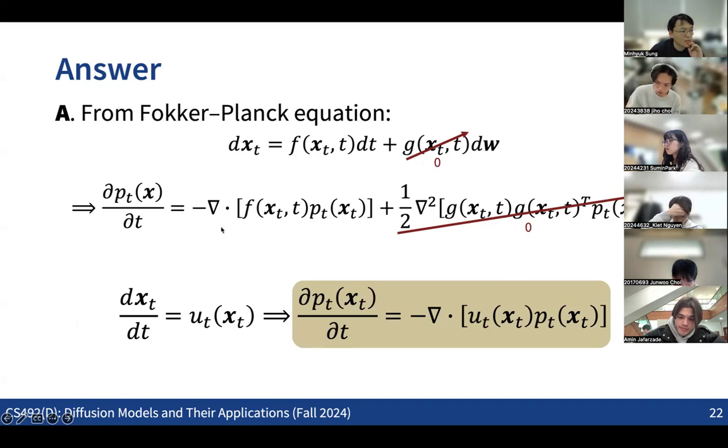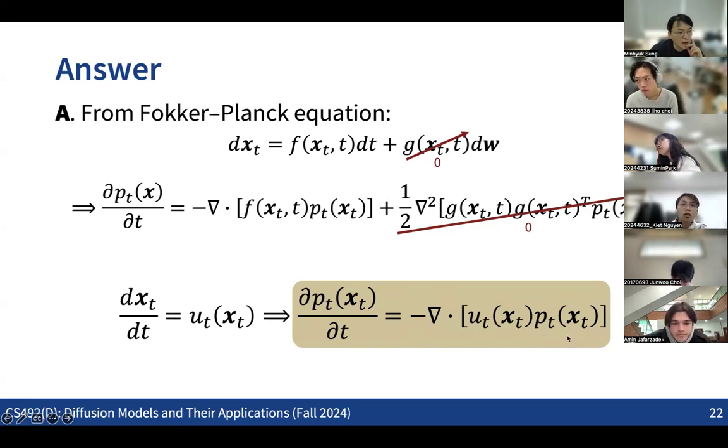Then we can derive the derivatives of the probability distribution here with some kind of divergence of the multiplication of these two. So this is the equation which is showing the relationship between the vector field, which defines some kind of mapping between distributions, and the distribution itself for every time step t.